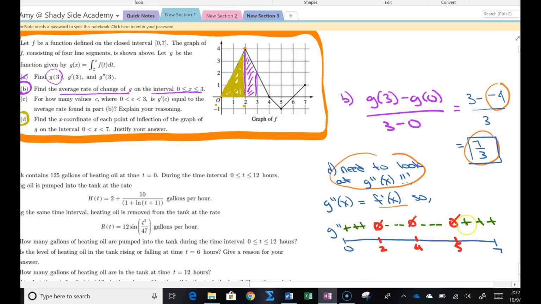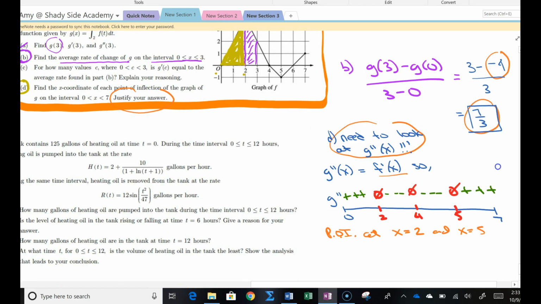So if you look at this, there are points of inflection at x equals 2 and at x equals 5. And if there was a justification, see how it says justify your answer, you would say because G double prime changes sign at these x values.